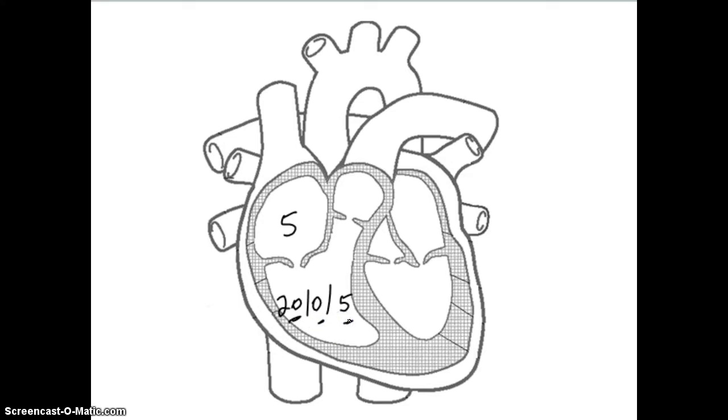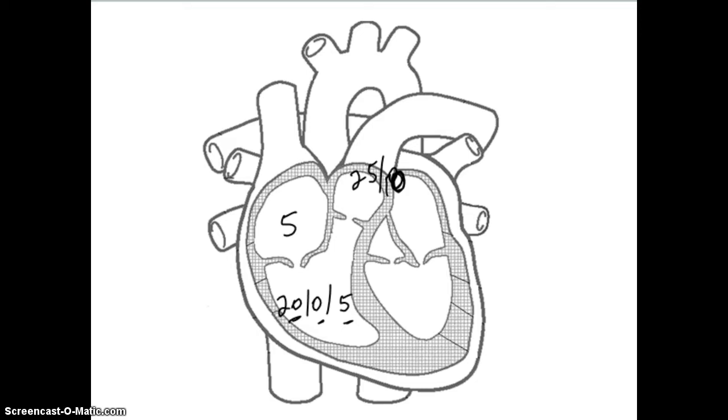The next chamber, or next area of the heart, is the pulmonary artery, and its pressure is 25/10, which is systole 25, diastole 10.